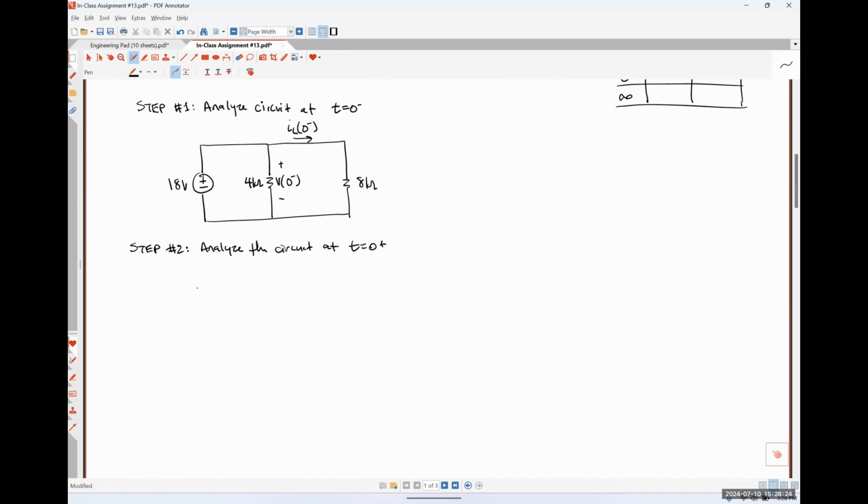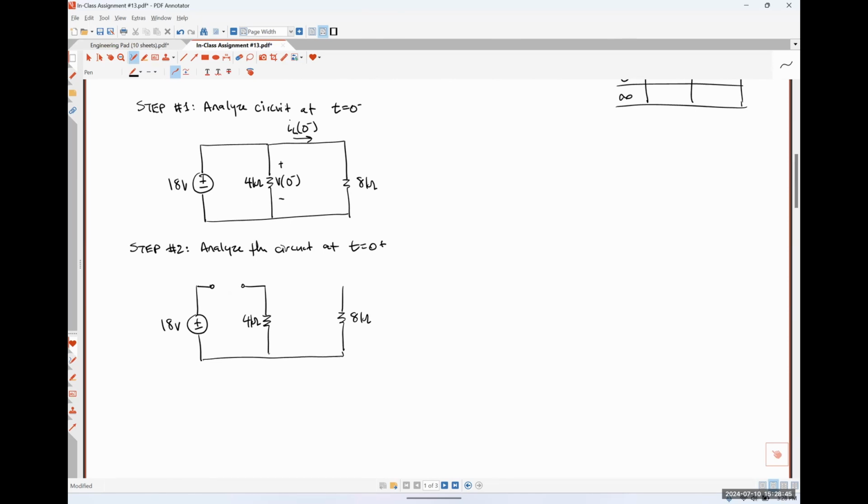Okay. So we're going to have our 18 volt source, an open circuit. Here's our 4 kilo ohm resistor. Over here is our 8 kilo ohm resistor.